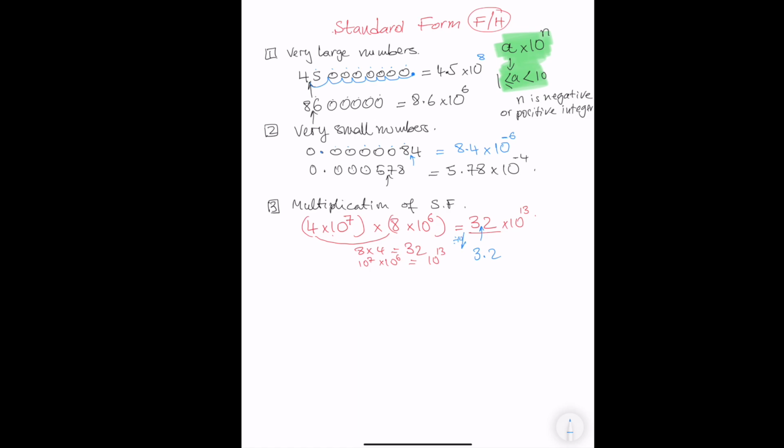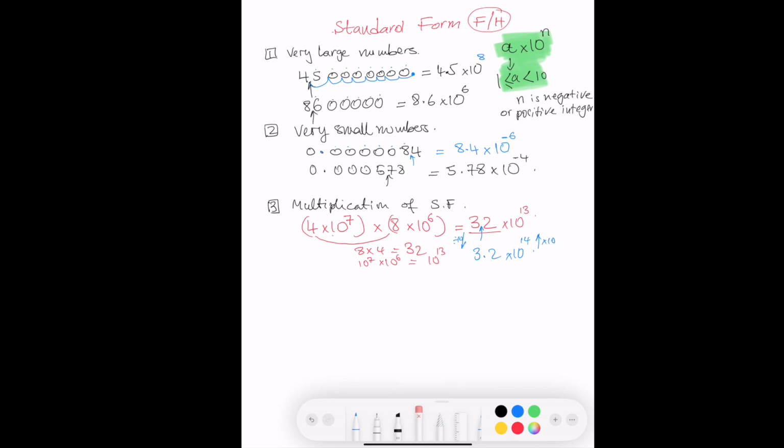So now we have to increase the power by 1. So it will be 10 to the power of 14. Yeah, that's good.